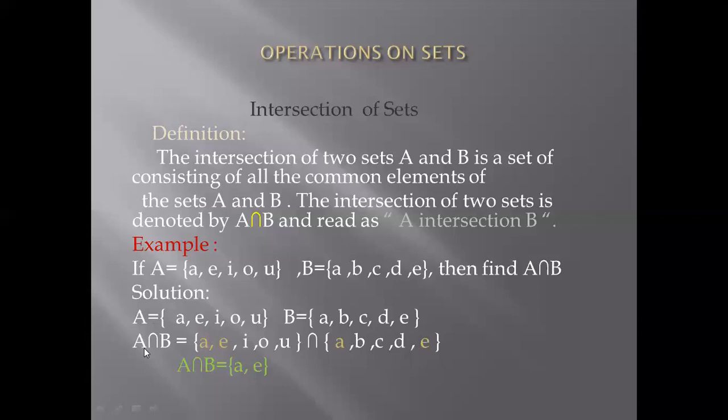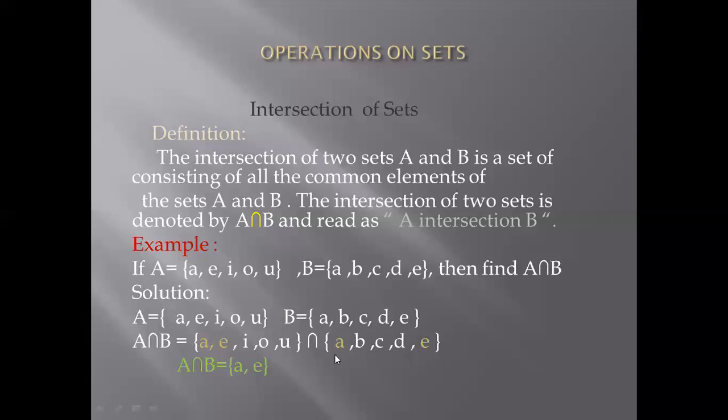Upside down U. And then we write the elements of B. Now you see clearly which elements are common in A and B. You take those elements which lie in both A and B. A, E. A, E also lies in A and also in B. So A intersection B will be A, E.